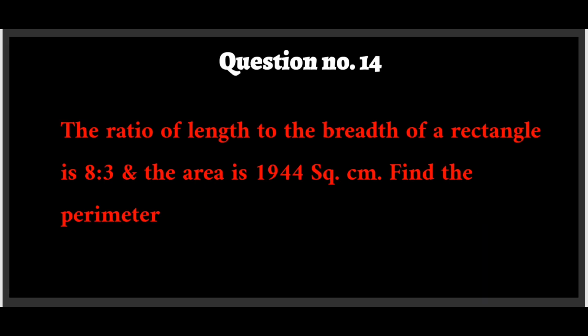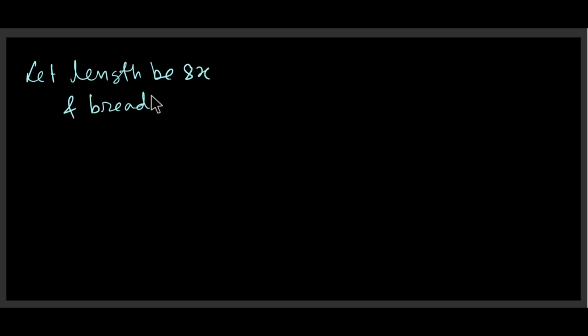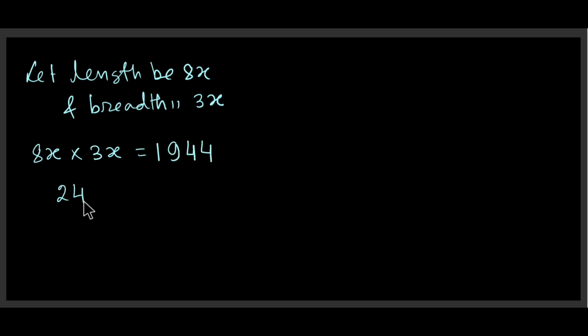Question number 14. Let length be 8x and breadth be 3x. Now, by the given condition, we can write 8x into 3x equal to 1944. So 24x squared is 1944.